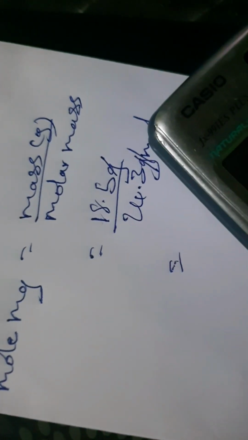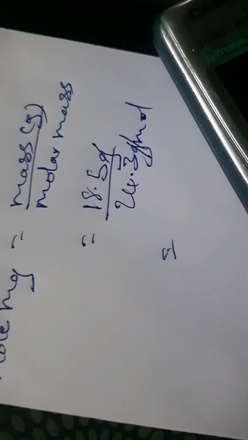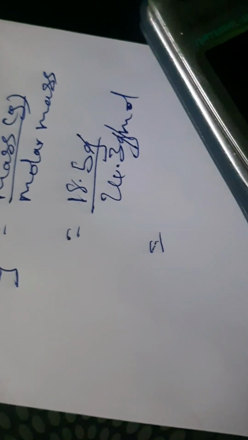So the mass in gram is 18.5 gram divided by the molar mass, 24.3 gram per mole. So gram cancels gram. So let's solve now: 18.5 divided by 24.3.